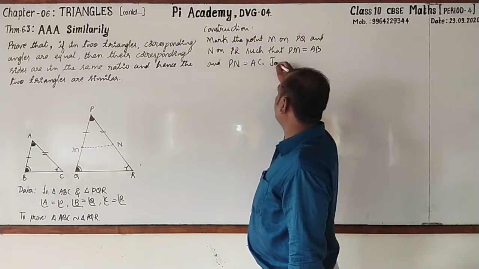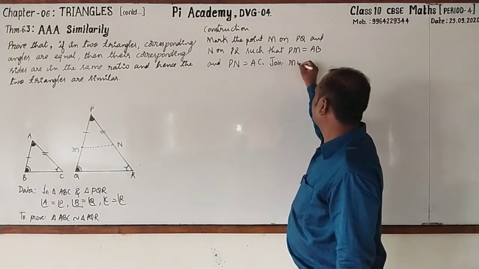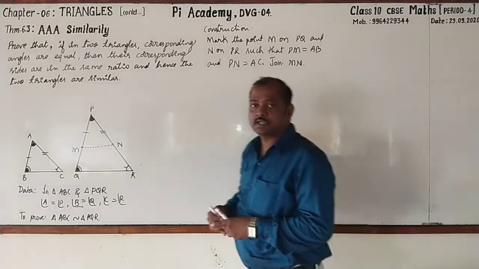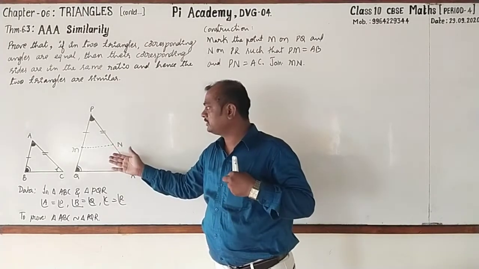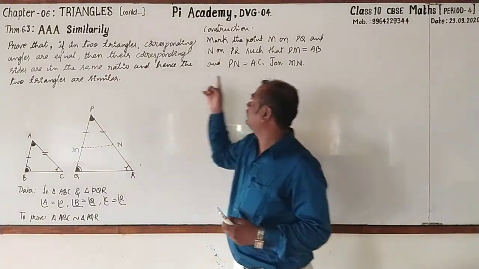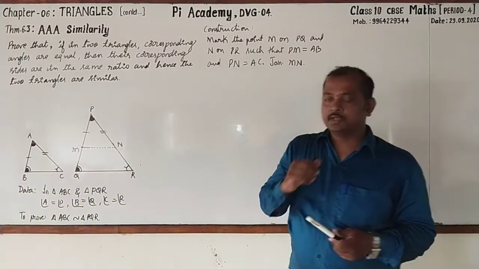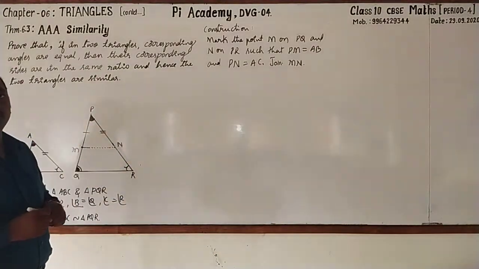Then join MN. Now with this construction, how can we go for proving this statement? Yes, let me explain. Now you just go for copying from there to here. Yes, hope that you have written. Now just go for writing the proof with me.